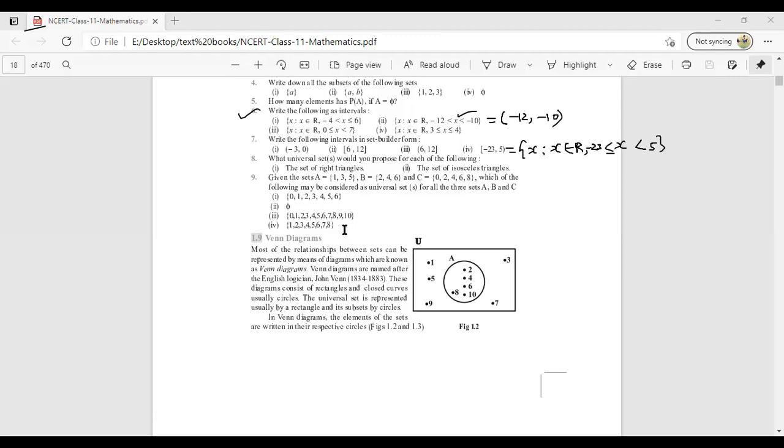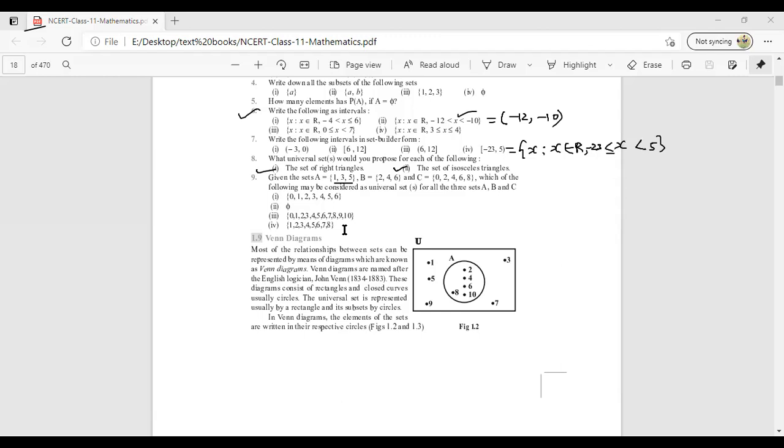Write the universal set of right triangles. So universal set will be the set of triangles. Set of isosceles triangles also, the set of triangles is the universal set. Given that, which of the following may be considered as the universal set? All should come. 1, 2, 3, 4, 5, 6, 7, 8. 9 is not there, but 6, 7, 8.